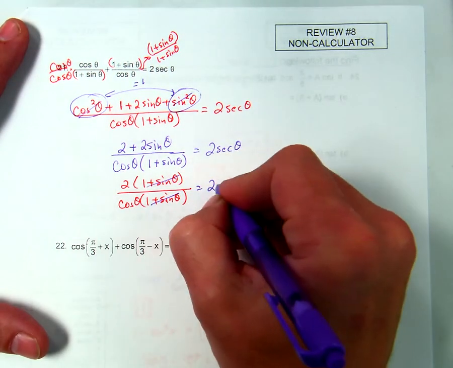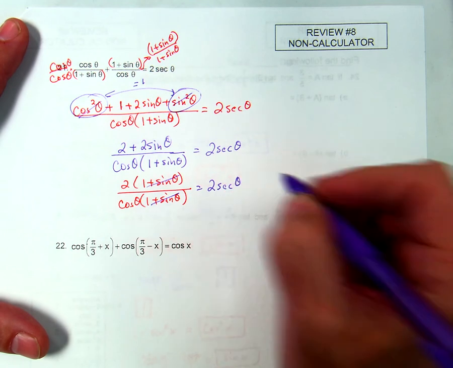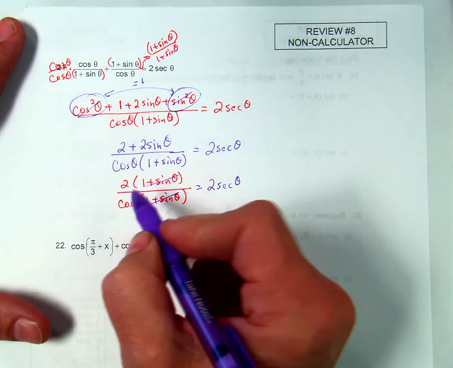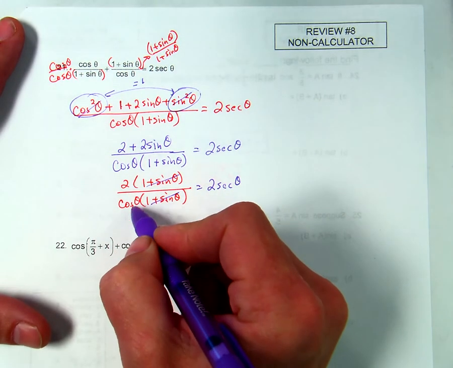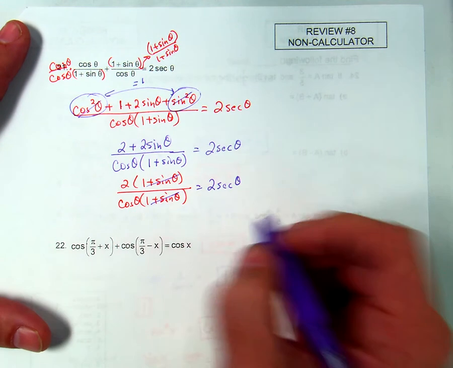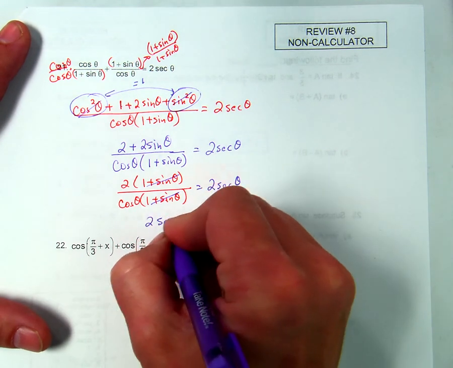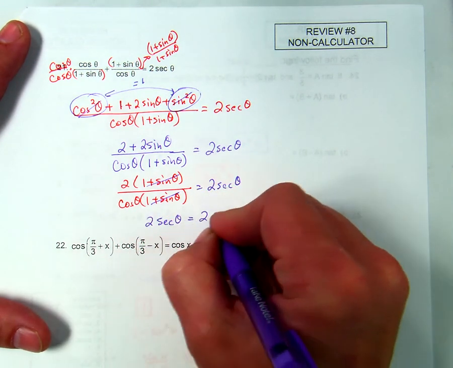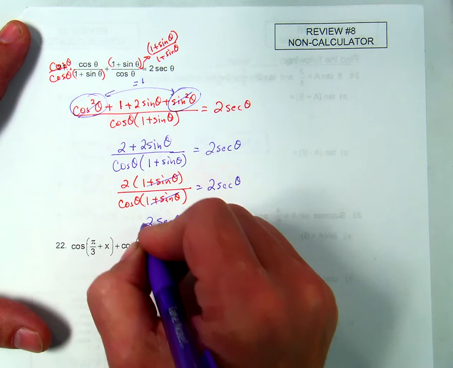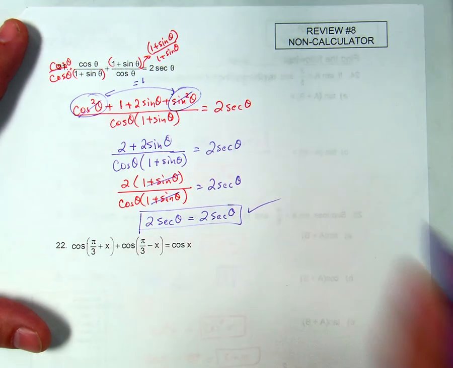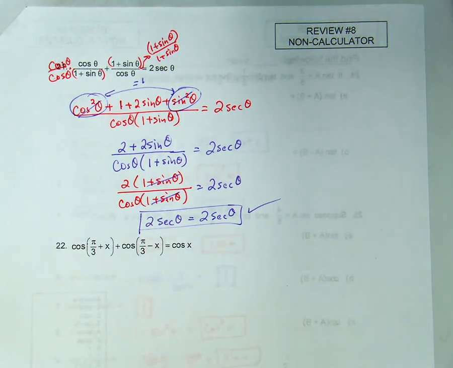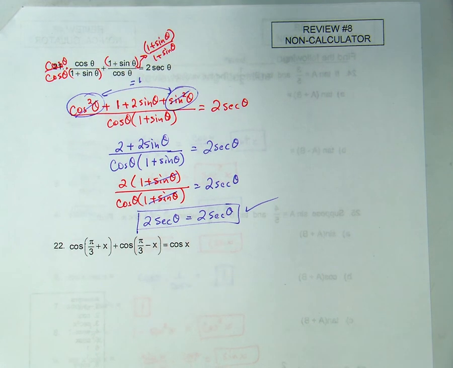This, again, is supposed to equal secant theta. And 1 over cosine is secant, so this is 2 secant theta equal to 2 secant theta. And that has been verified. Completed that proof there.